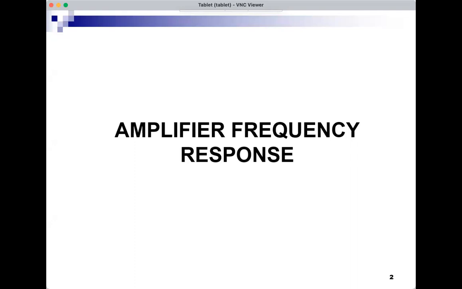So if I change the frequency from 1000 to 10,000 to 100,000, so that's 100 kilohertz, and then 1 megahertz, 10 megahertz, what happens in reality is that the output signal, which will be at the same frequency as the input signal, will change in amplitude and also in phase angle as I change the frequency.